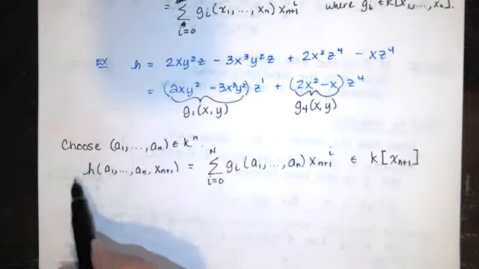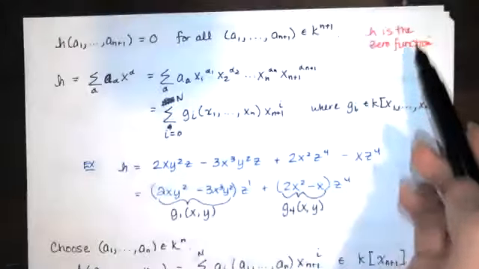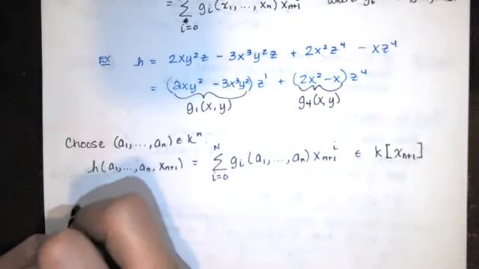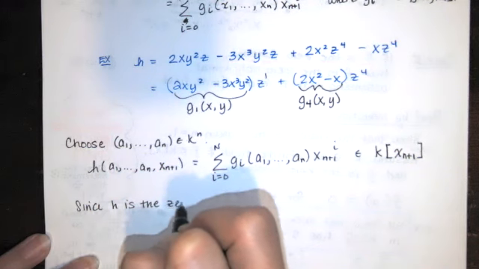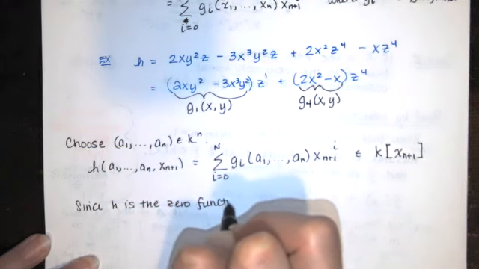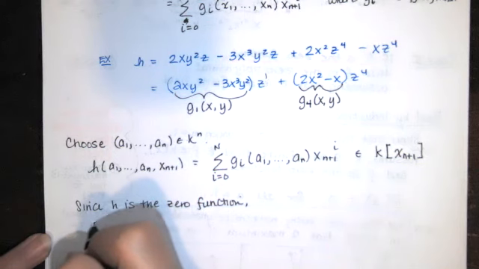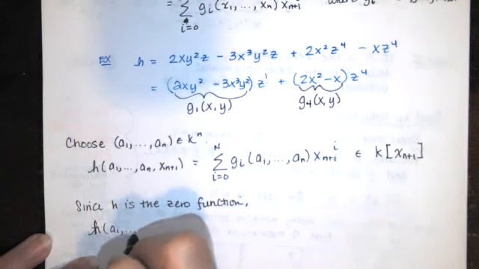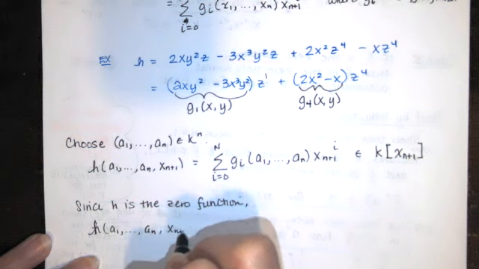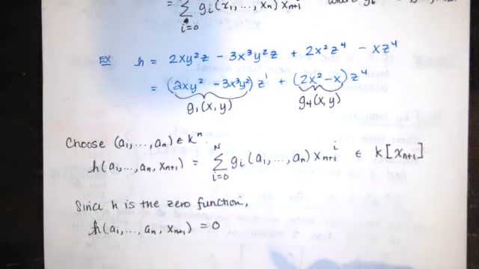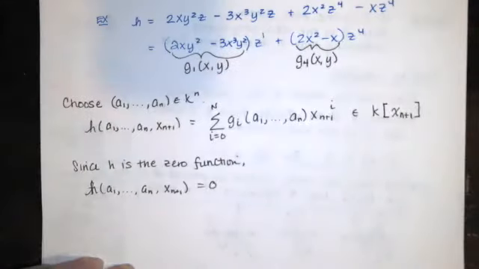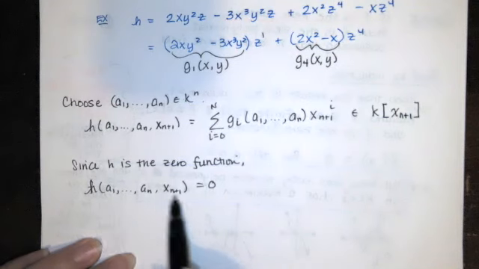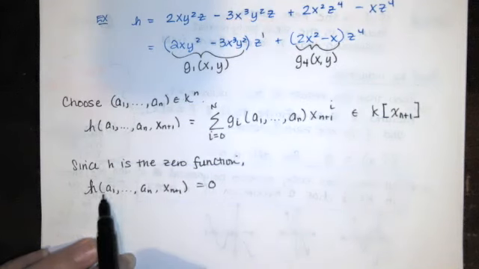Now, since h is also the 0 function, that was our initial assumption, then h of a sub 1 through a sub n is equal to 0, for every a sub 1 through a sub n plus 1 in k to the n plus 1, including all of these.